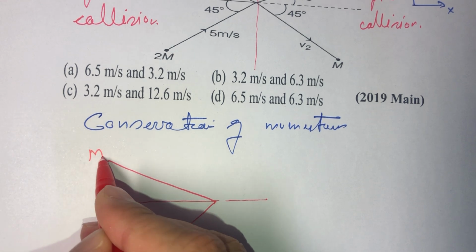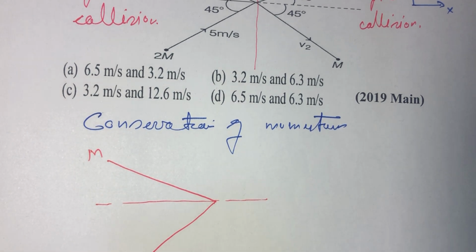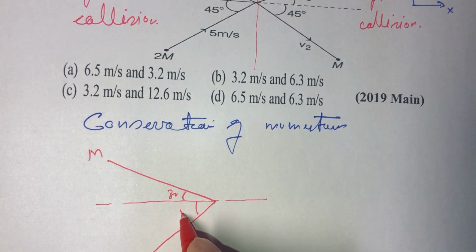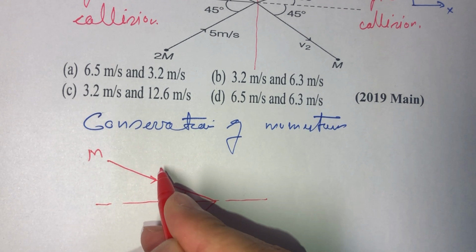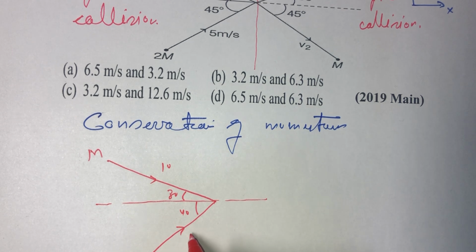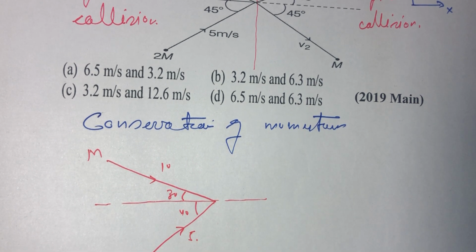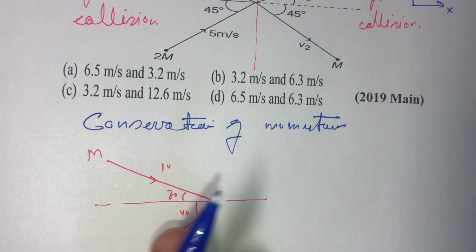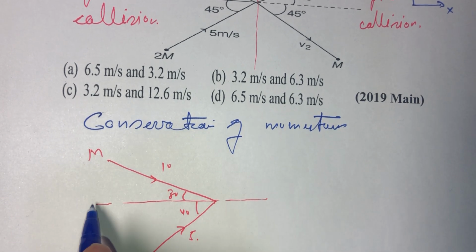So this is mass m, mass 2m, at angles of 30 degrees and 45 degrees, moving with velocities of 10 and 5. We can divide this into two components.